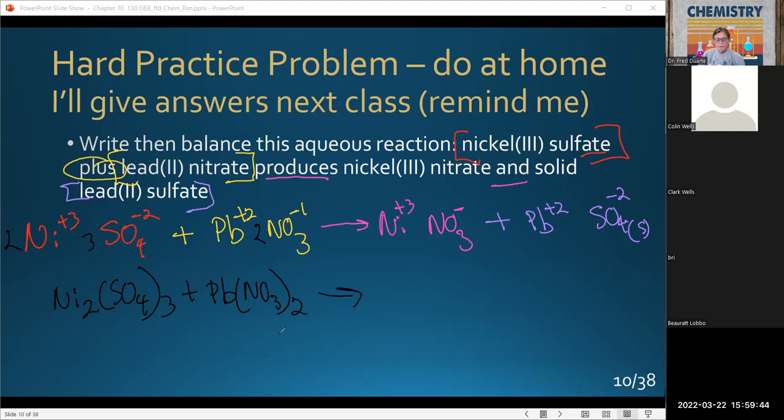Now everybody's in an aqueous solution, so we've got AQ and AQ. Okay. Now let's put the nickel 3 nitrate together. You can see the nitrates are -1. We need 3 for every nickel +3. So it becomes Ni parentheses NO3, okay, 3. Also aqueous. Then plus lead sulfate.